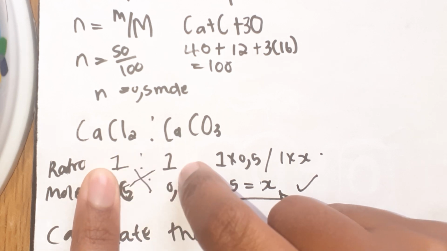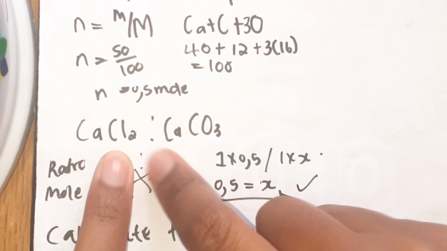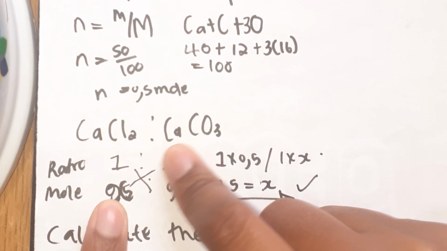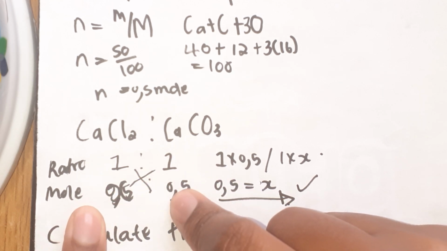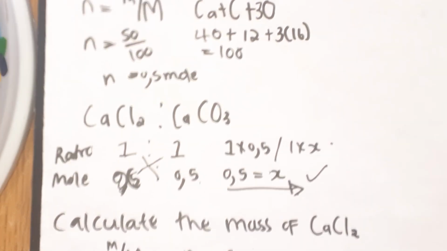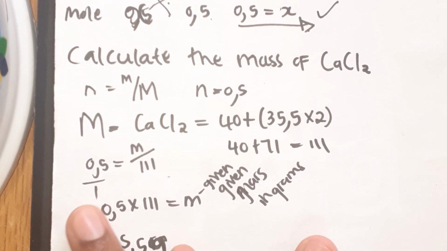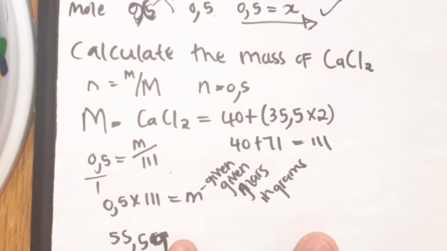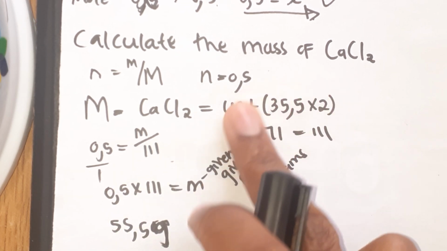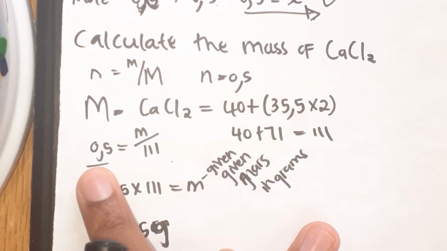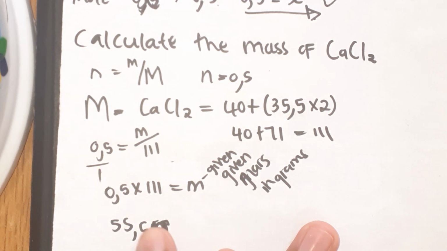Even if it's 2 and 2, it doesn't mean they will always be the same. It can be 3, can be 3 this side. So what you do, you just cross them with the mole that you got. Then this one will be x, and then you solve for x. Simple. After solving for x, you will have the mole of that particular compound or element that you're trying to find the mass for. And then you find the molar mass of that one, using that mole that you've calculated previously, so that you get it.